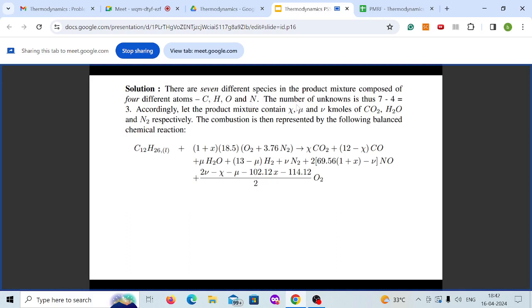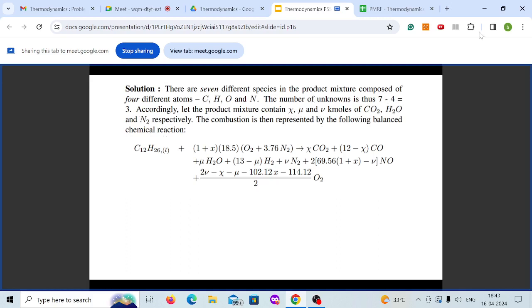So to get all the unknowns, we have to assume at least 3 unknowns. So we will assume x, mu and v. We assume x for CO2, mu for water and v for nitrogen.